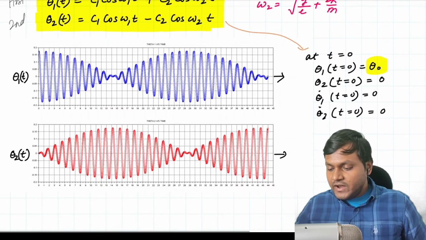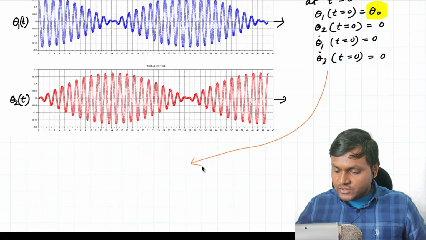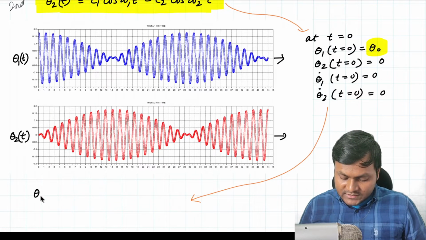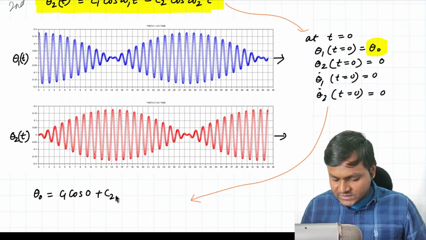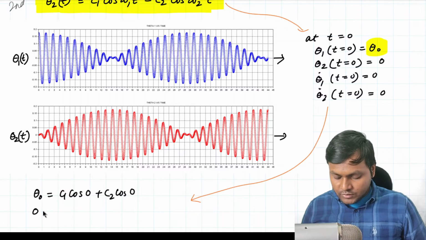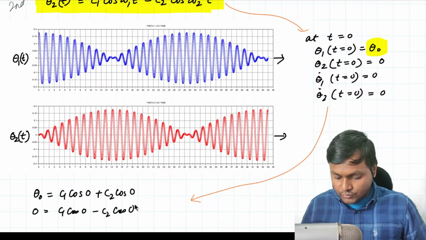That is all. If I do this, then the general solution becomes a particular solution. So at time t equals 0, theta 1 is theta 1 naught, equal to c1 cos 0 plus c2 cos 0. And at time t equals 0, theta 2 is 0, equal to c1 cos 0 minus c2 cos 0.